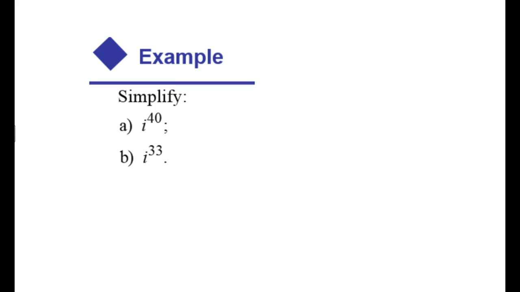So i to the 40th, it's a multiple of 4. I know the answer is 1. The closest multiple of 4 to 33 is i to the 32. 32 divides by 4. And then that leaves me with one i left. So this is 1 times i, or the answer is just i.